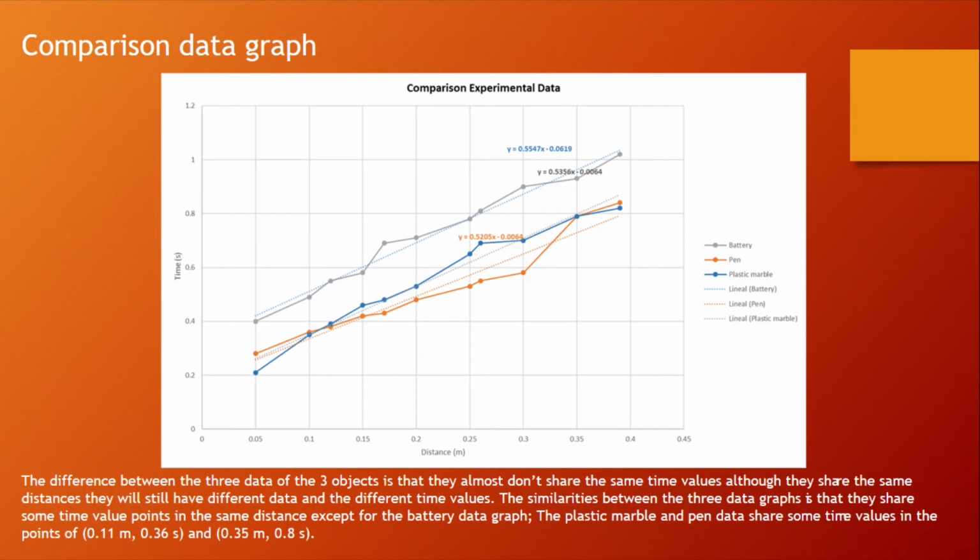Comparison data graph. As we can see in the comparison data graph, the difference between the data of the three objects is that they almost don't share the same time values. Although they share the same distances, they will still have different data and different time values. The similarity between the three data graphs is that they share some time value points in the same distance, except for the battery data graph.